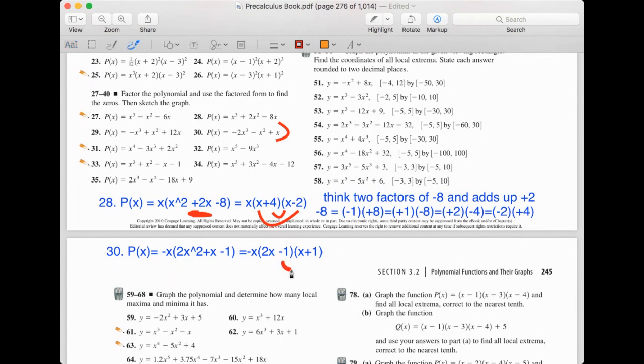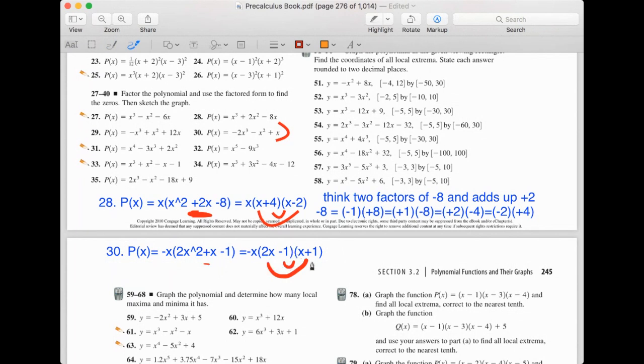I multiply again this smiling face, right? You see 2x times 1, positive 2x. Negative 1 times x, negative x. 2x minus x, I get positive x, because here I have positive 1x. So I know how to factor this.